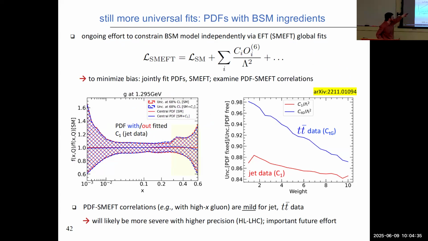What you find is the effect is tiny, which is good. Well, I don't know. If you want a really exciting paper, it's not good, because you'd want to see a huge correlation and say you need to fit the PDFs and the BSM simultaneously. But for those of our colleagues who are very much engaged in doing BSM fits of hadronic data, I think it's encouraging that, at least for top and jet production, it's a fairly weak correlation.